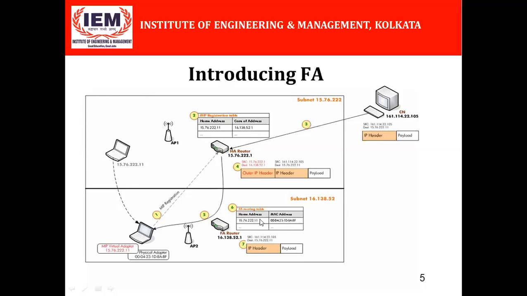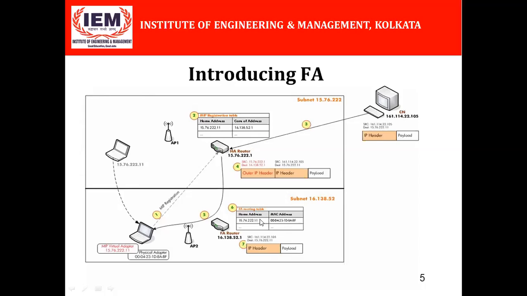And what is the seventh one? The seventh one, it will generate the packet, and that is simply the removal or extraction of the actual information. That means IP header information and payload information. The IP header information only includes the corresponding node address and the original mobile node address.